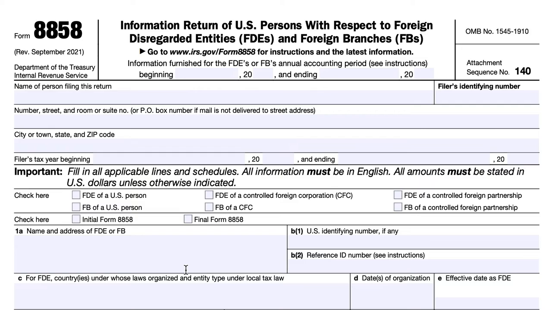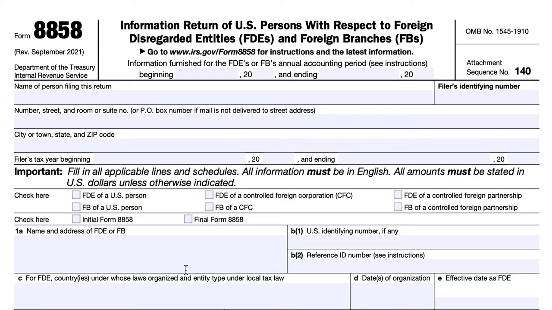Multiple filers that all have the same information: Category 4 or Category 5 filers of Form 5471, or Category 1 filers of Form 8865, are lumped into the same category, and they may be exempt from having to file this form individually if the information can be included or attached to the multiple filer information provided on a separate form.